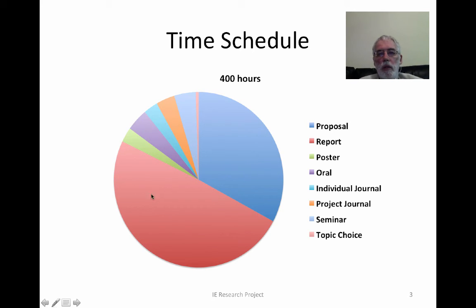So as you can see, the bulk of the time is actually spent on doing your research. There are other activities related to communicating your research, and then some essential documentation of those activities. And this forms the basis of your project.